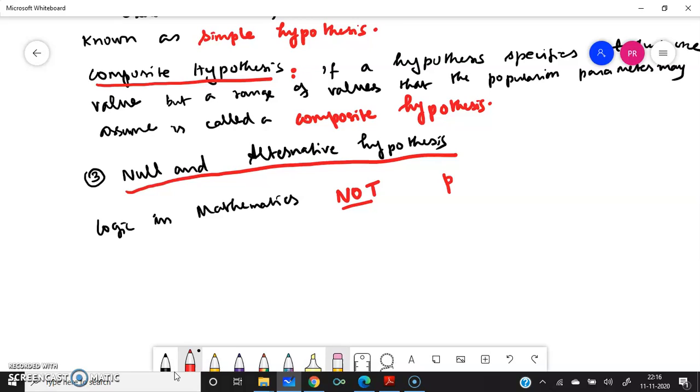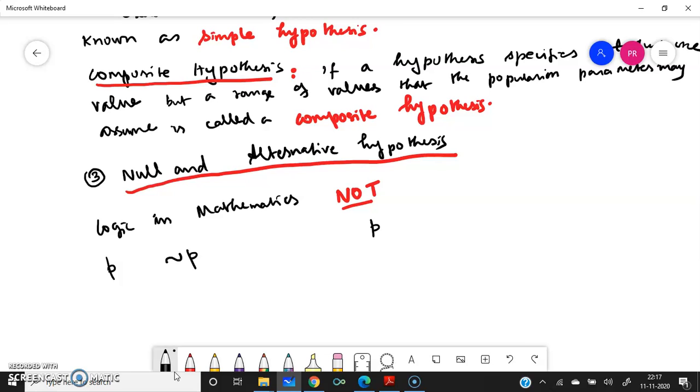Suppose there are two statements, a single statement P. The opposite of P, we can call it not P. P and not P are converse statements; one is the converse of the other.